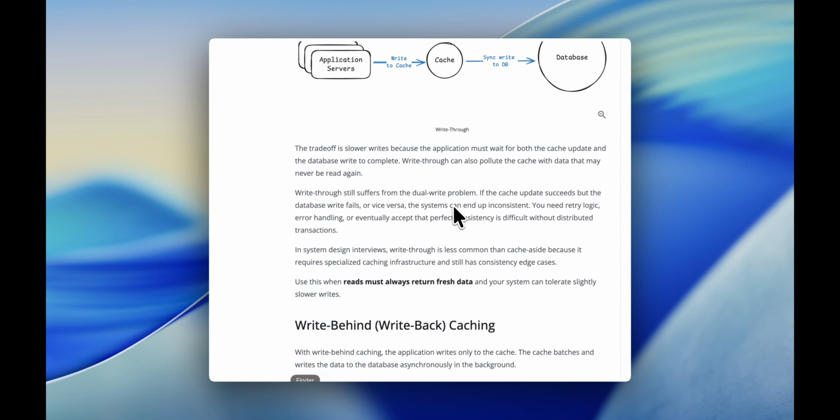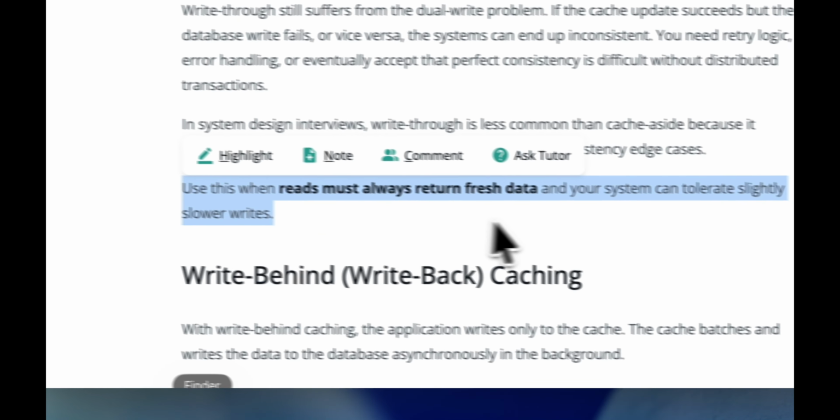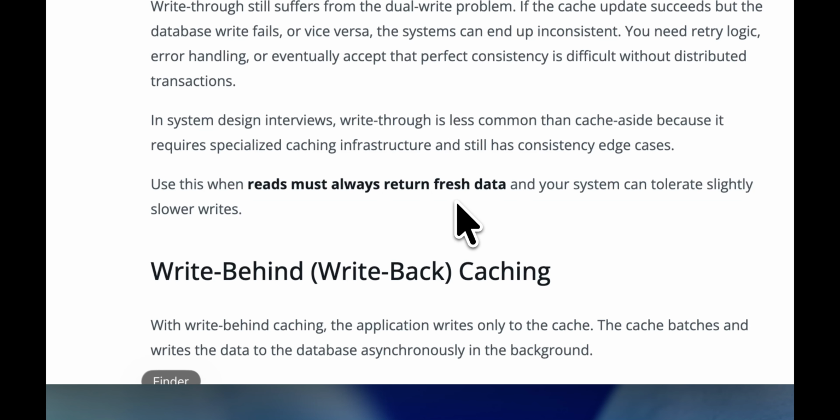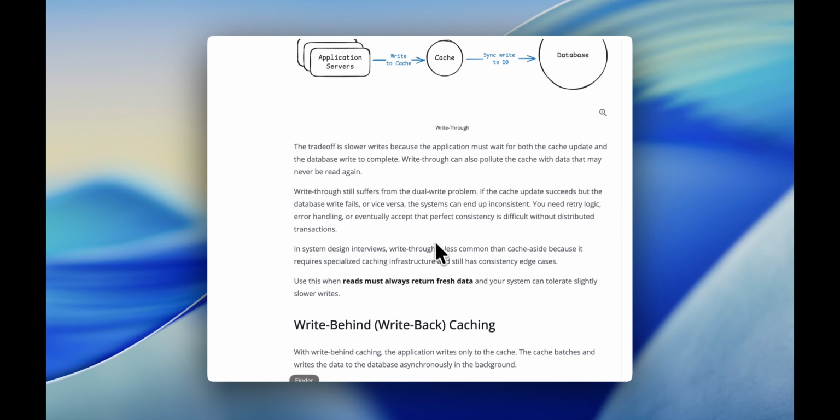Okay. When should you use this? You should only use this when reads must always return fresh data, and your system can tolerate slightly slower writes. So this is the important part where you should use this pattern.